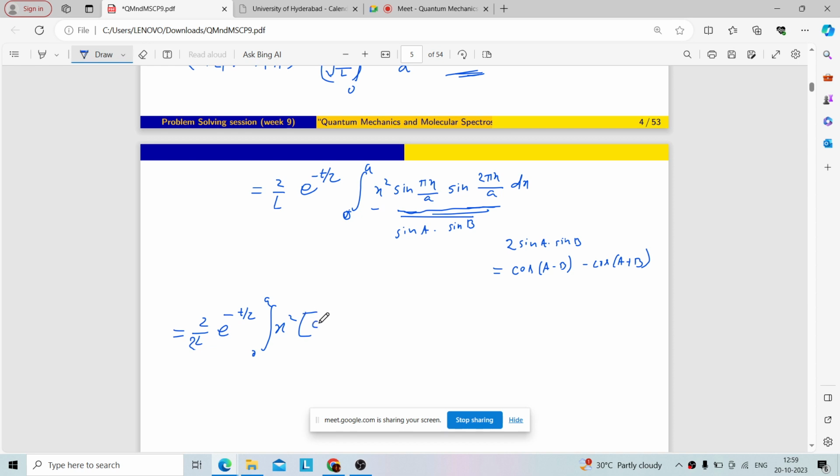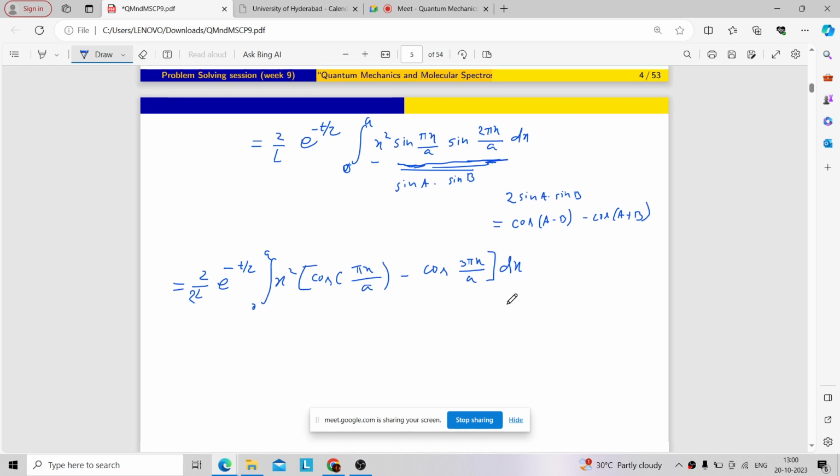Then it's cos(A minus B). Let's take this as A, this as B. Then this will give us cos pi x over A minus cos 3 pi x over A.